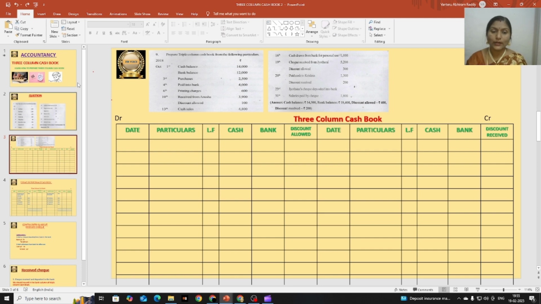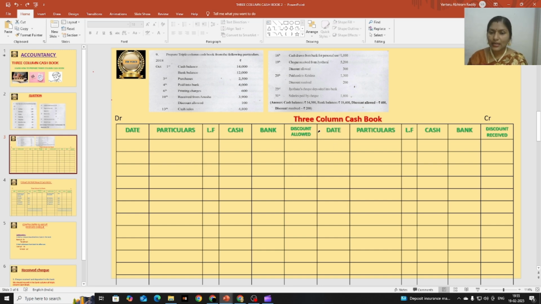Date, particulars, LF, cash, bank, discount allowed. From date till discount allowed, that is the debit side. If you want to write any item on the debit side, you should start with the word 'To'.